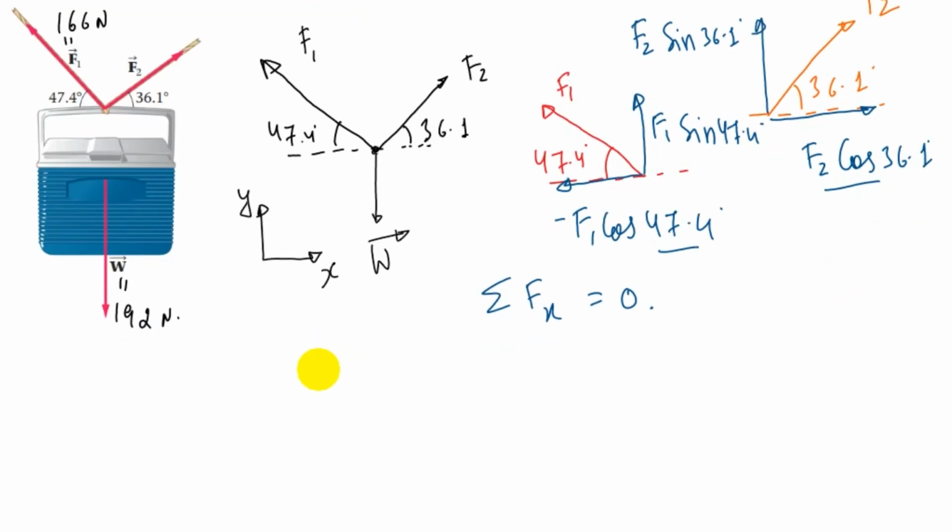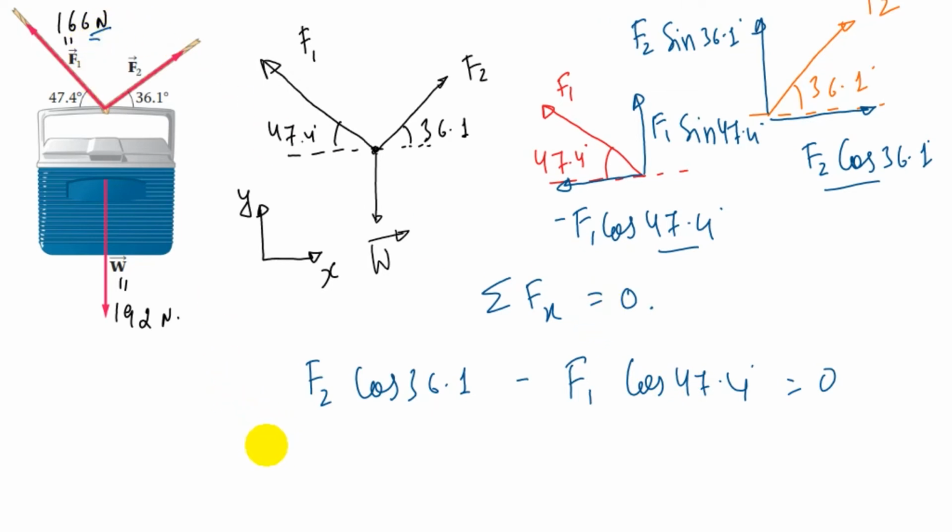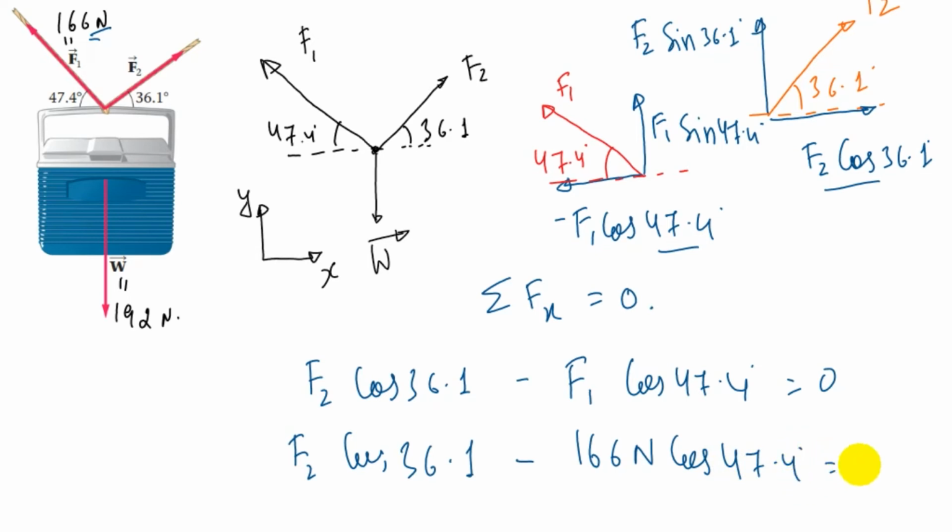So we can write that F2 cosine 36.1 degrees minus F1 cosine 47.4 degrees should be equal to 0. Now F1 we are already given in the problem to be 166 Newton, so we can put it here. F2 cosine 36.1 minus 166 Newton cosine 47.4 degrees is equal to 0.